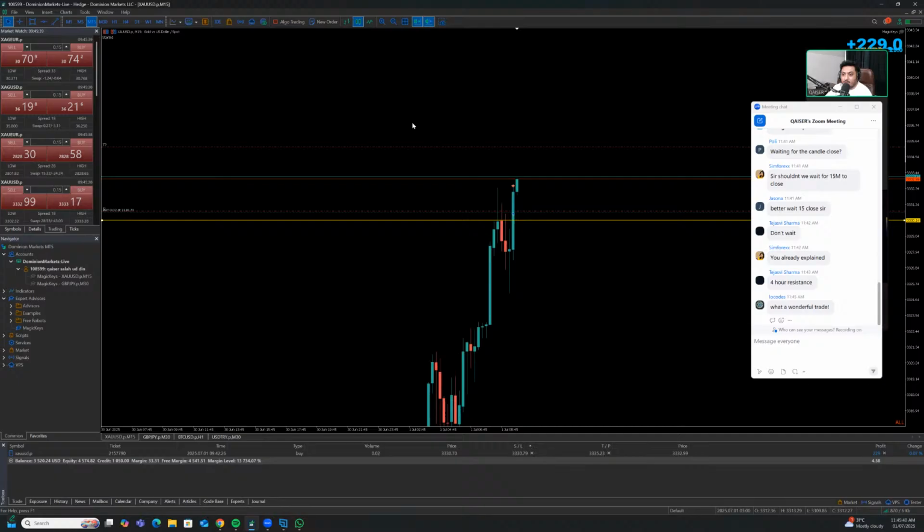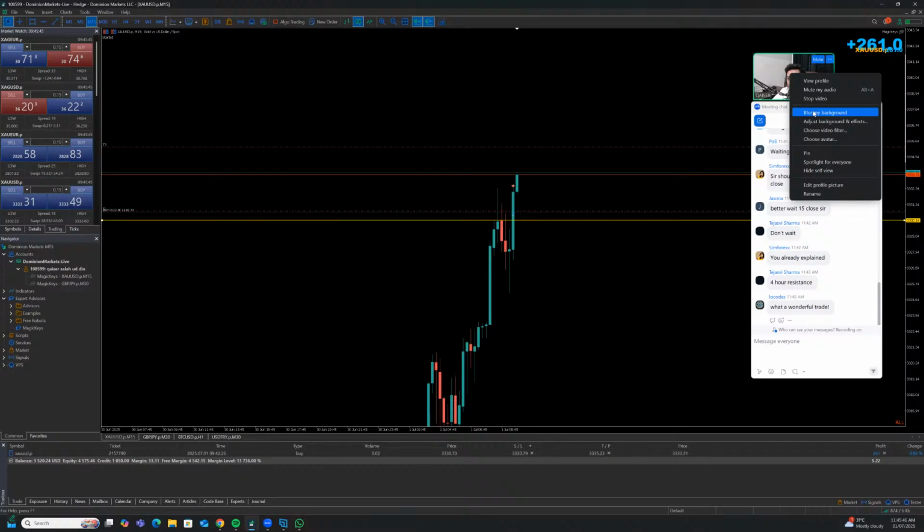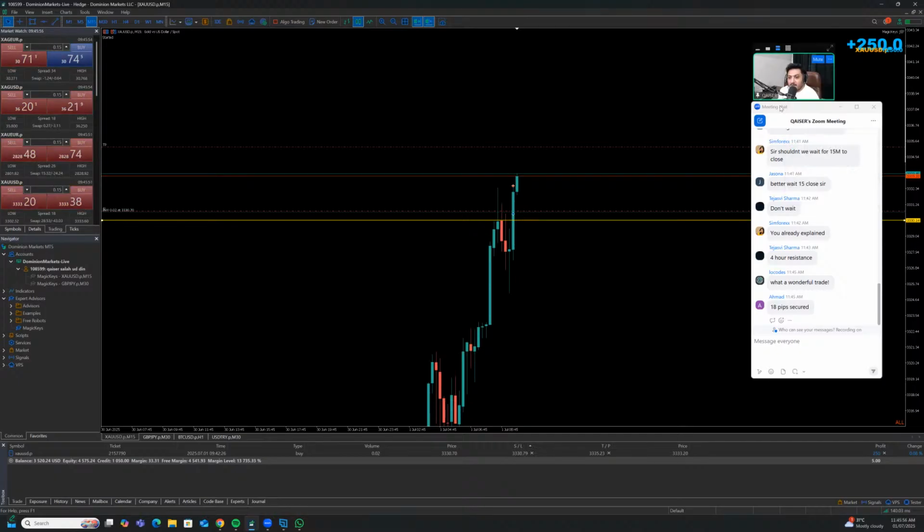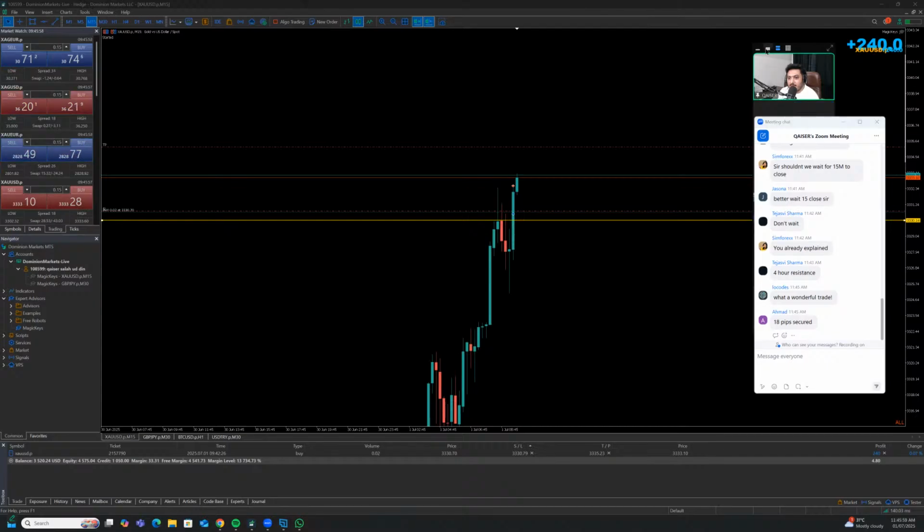It's a free trade, 22, 25 pips. What a beautiful trade it's going to be. Wow, very nice. It's such a beautiful trade, depending on the volume actually.